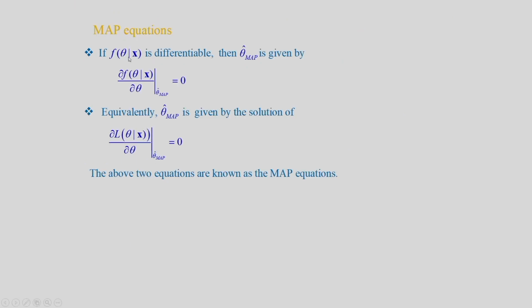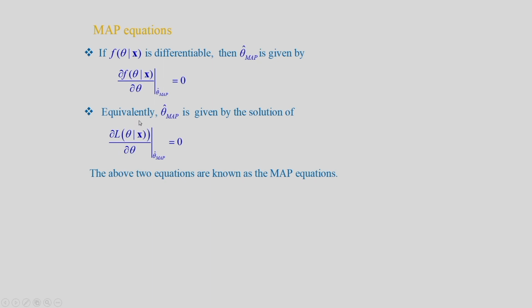Now, if f of theta given x, the conditional or a posteriori PDF, is differentiable, then theta hat MAP will be given by del f del theta at theta hat MAP is equal to 0. So, the partial derivative of the a posteriori PDF at theta hat MAP is equal to 0.